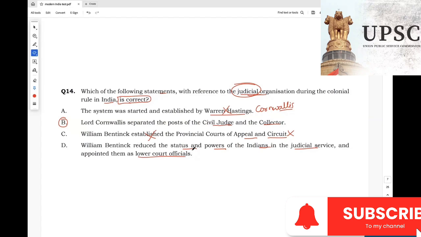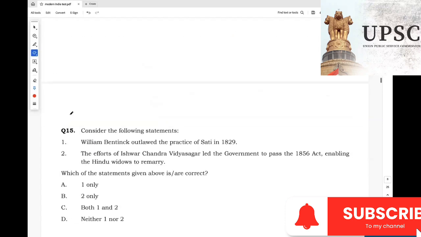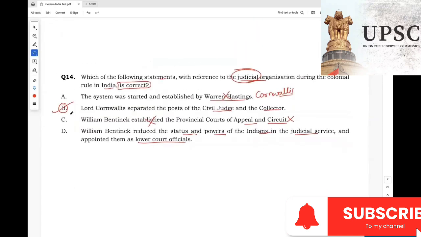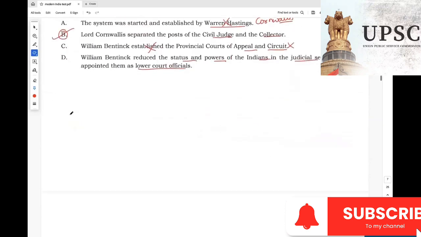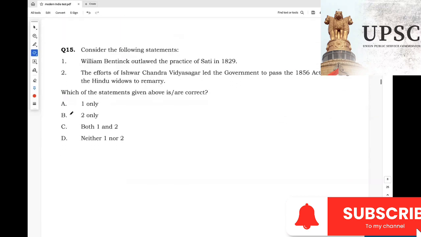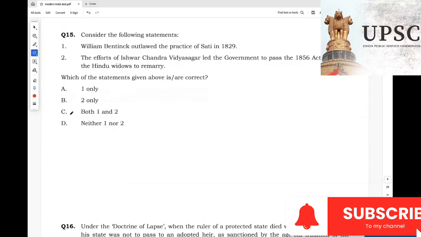Judiciary was the first area of the British government where Indians can reach the higher position. They can even become a judge. So, which one of them is correct? Option B. It's a tough question, right? Even if you get the wrong answer in this one, it's okay. That much of detail about judicial administration is very tough to understand.